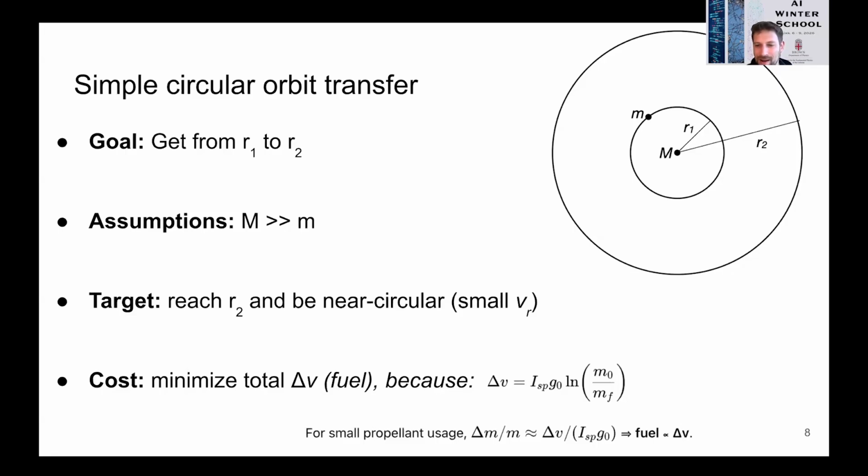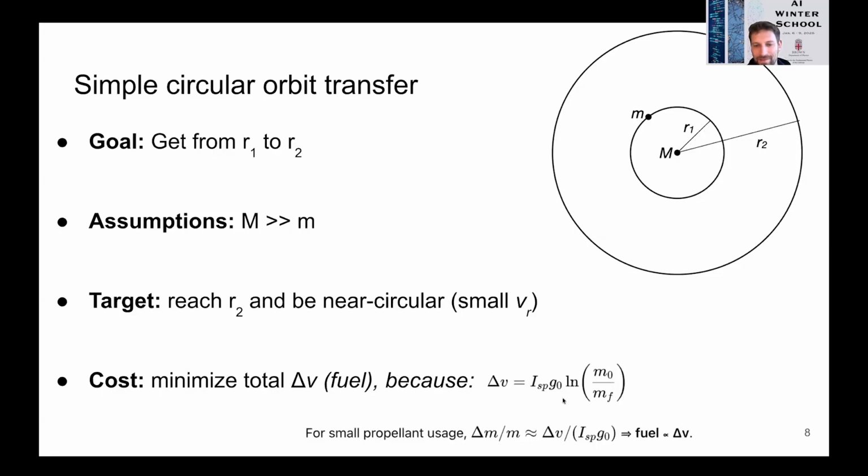And just to remind everyone where that came from, there's a famous rocket equation where I and G here are just constants. I is related to your particular engine. G is to convert the units, it's the gravitational constant. And then the M0 and MF are just your initial and final spacecraft mass after your burn. So you lose some mass as you burn.